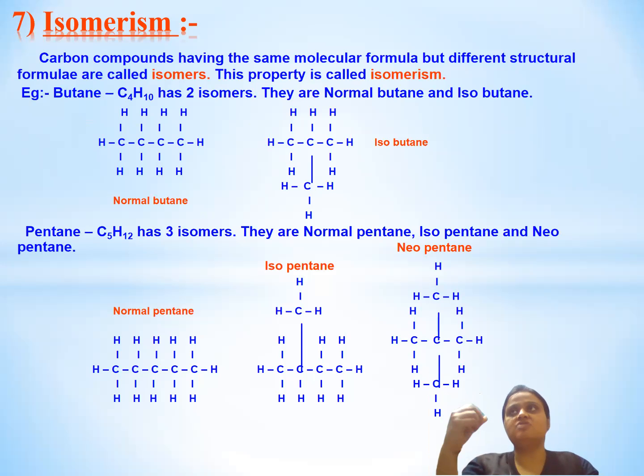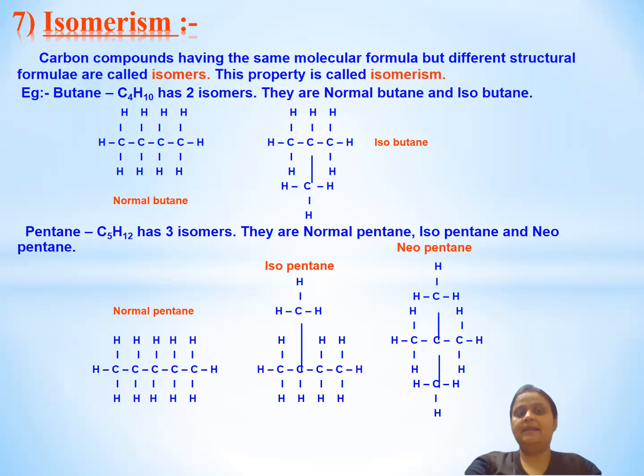It's a different structural formula, although the same material, the same kind of spices and all, are used. In the same way, you have the same molecular formula but a different structural formula, and those compounds are known as isomers. So this property is known as isomerism.